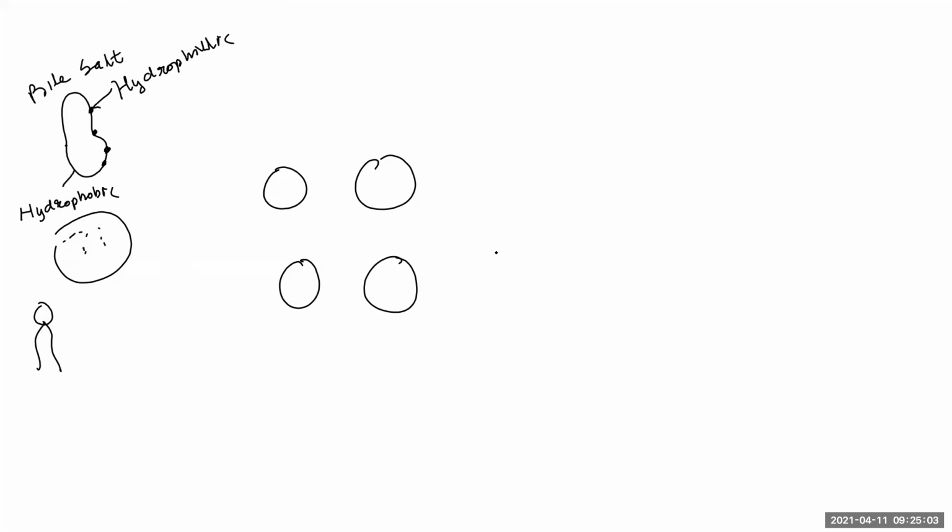So what will happen? This bile salt will cover each and every particle of the triglyceride. Can you tell me what is happening over here? The bile salt is covering the triglyceride, the fatty molecule, so that the hydrophobic is on the inner side, isn't it?